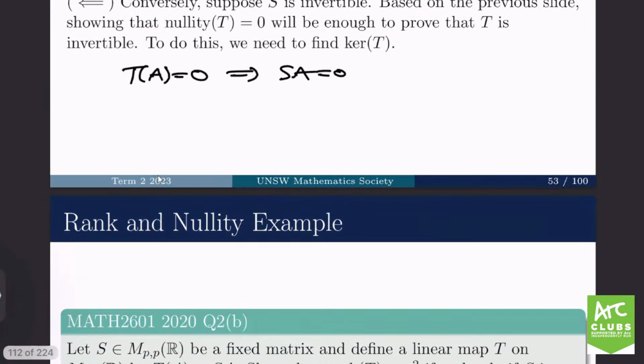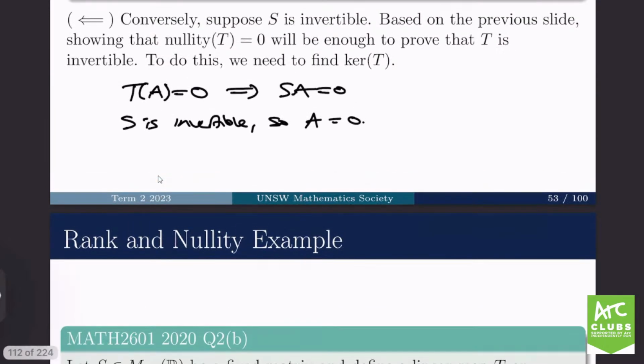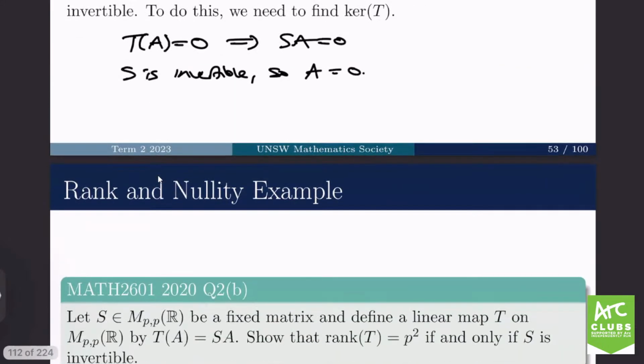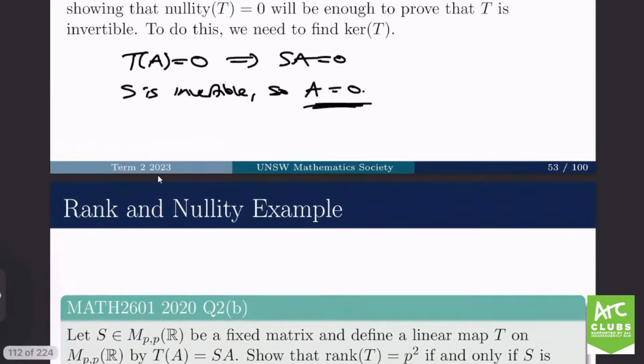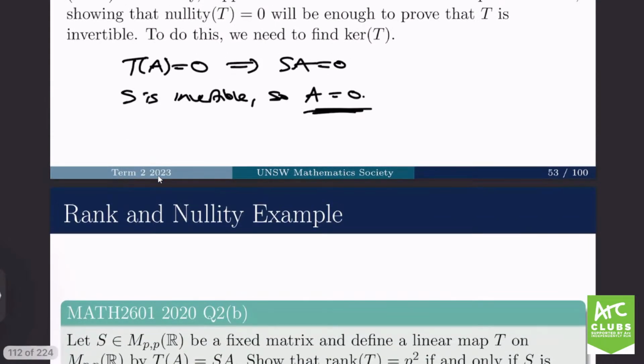Now, clearly S is invertible, right? So if that's the case, then the only way for SA to equal 0 is if A equals 0. So the only element in the kernel of T is 0, because we just assumed an arbitrary element was in the kernel and then proved that it equals 0.